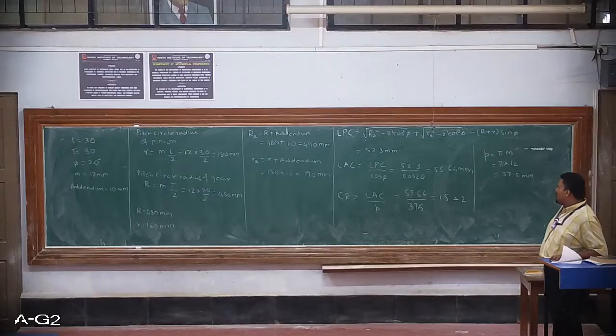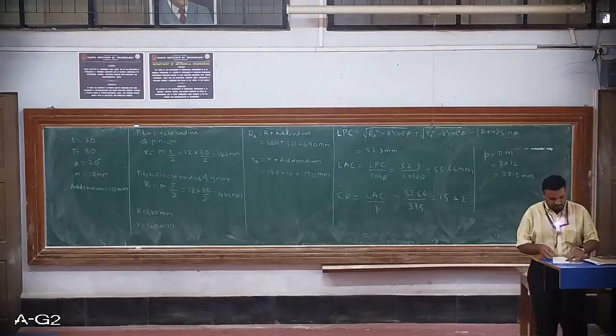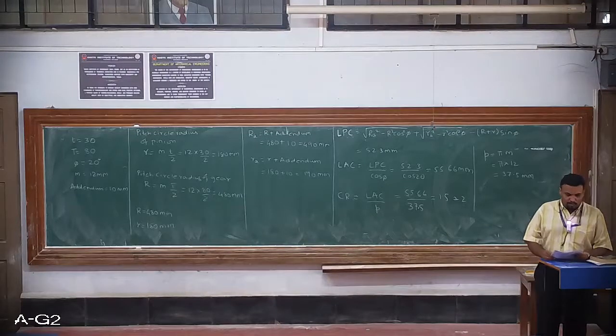Upon simplifying you get 1.5, so you can take it approximately as 2. So contact ratio will be 2 for this particular example. On similar lines, I'll give you an example which you can try at home.